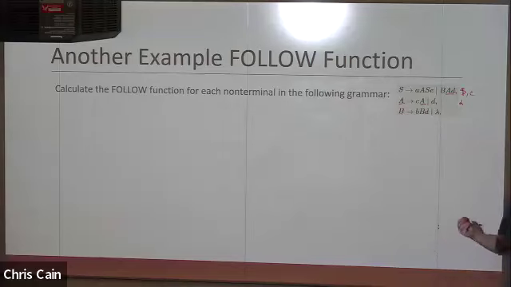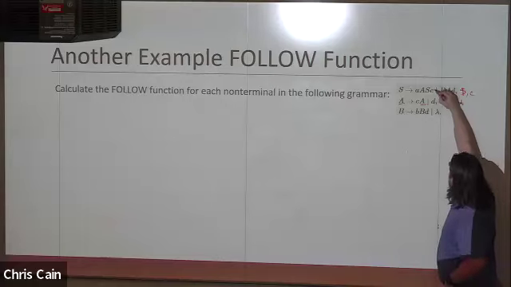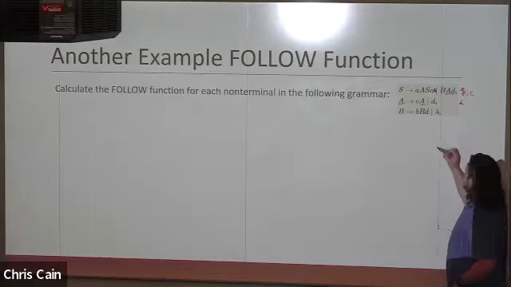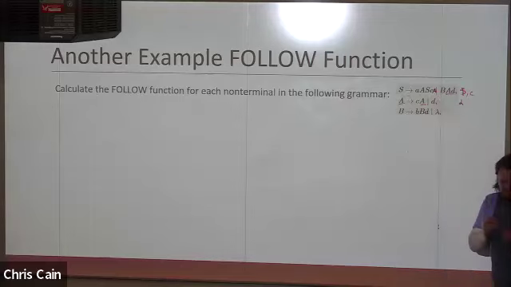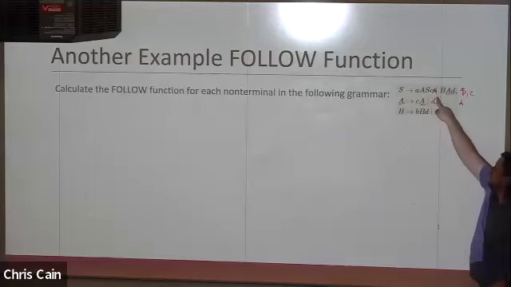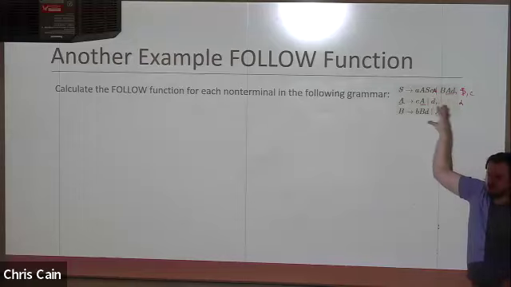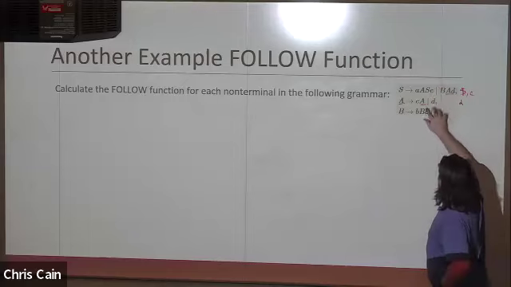But since it's recursive, what can follow A can follow A. That just says that we're going to add what's already in there. So we don't worry about it in this case. If there were another non-terminal, like if an A ended something else, like this production, then we would have to say whatever could follow S could also follow A. Just because in the derivation of S, we could pick this, which after that A could come whatever could follow the S in the first place. So we don't care about this one.